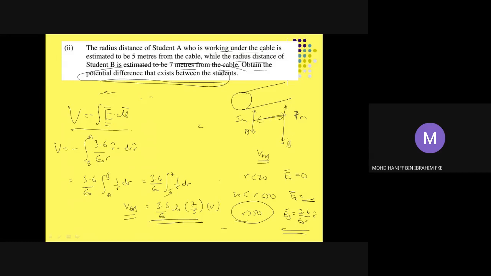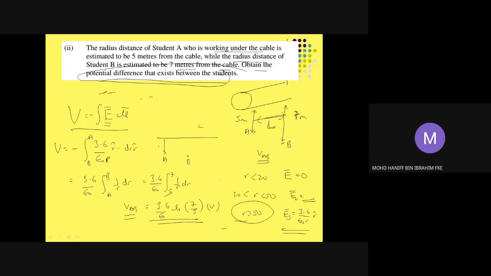Am I right? Let's say we have a length L between the two points A and B. Is it considered in this calculation of potential difference? No, right? The potential difference depends just on R, because the electric field intensity that we have depends only on R, the distance of the point from the cable. So if you have the cable like this, the point A is here, the point B is here.